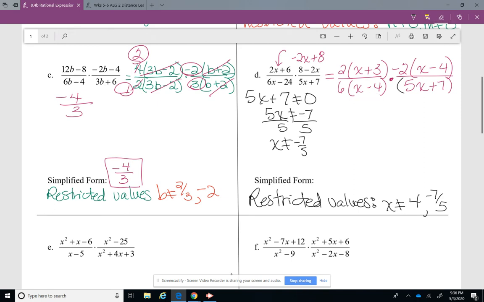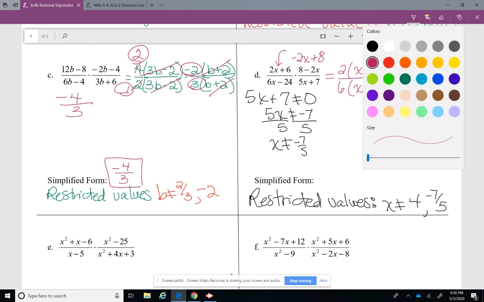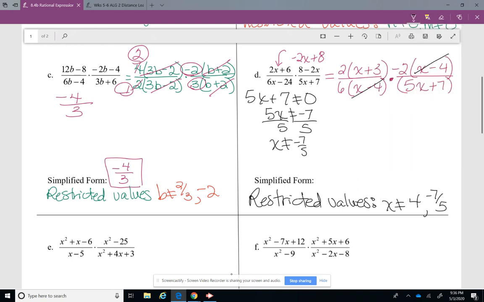Now we're going to go ahead and cancel. Now that we figured out our restricted values, we see that the x minus 4's cancel. I could say 2 goes into 2 once, and 2 goes into 6 3 times, and I don't see anything else that can cancel. So we're going to take the negative 2, we always put the constant out in front, and multiply it by the x plus 3.